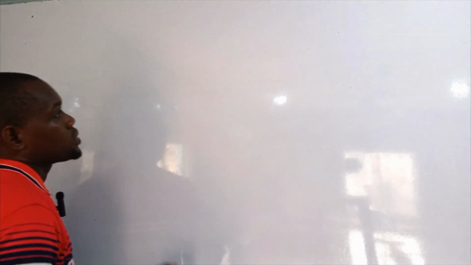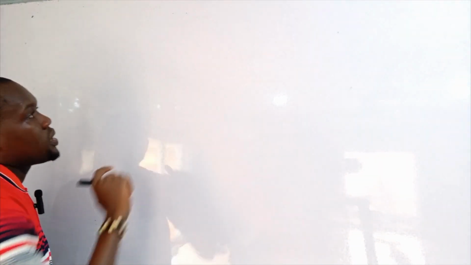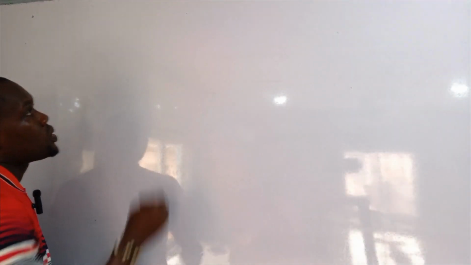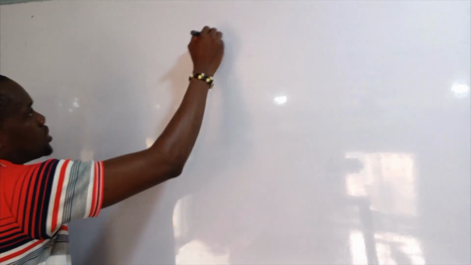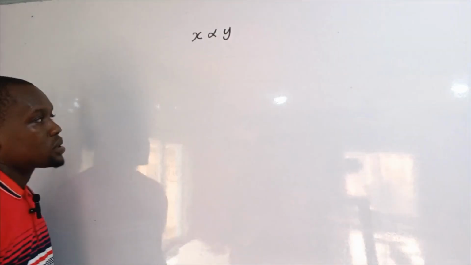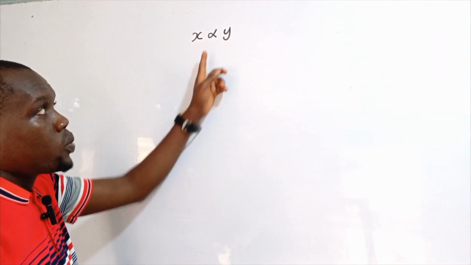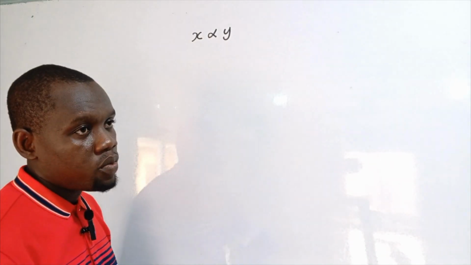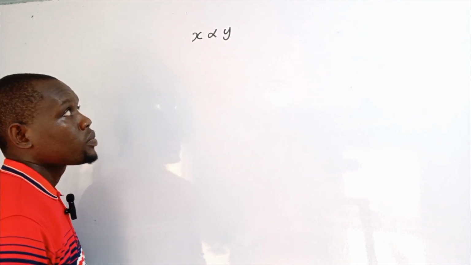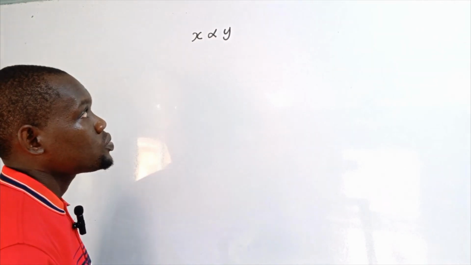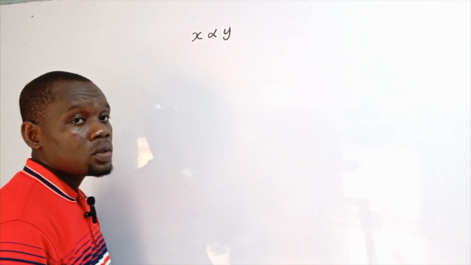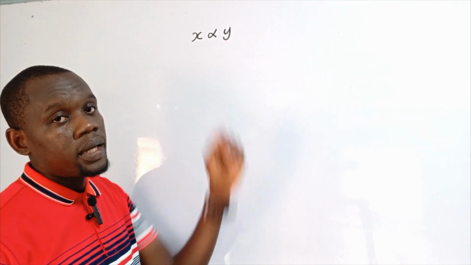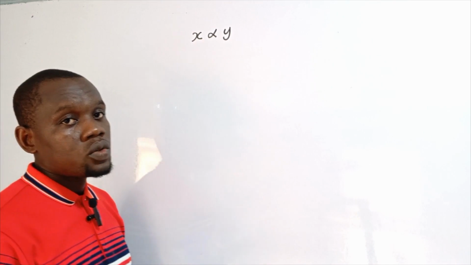The question says x varies directly as y. This is what that statement means, where the sign in the middle is known as the sign of proportionality. For us to continue with this question, we will have to eliminate the symbol there so that the equal to sign can come in.